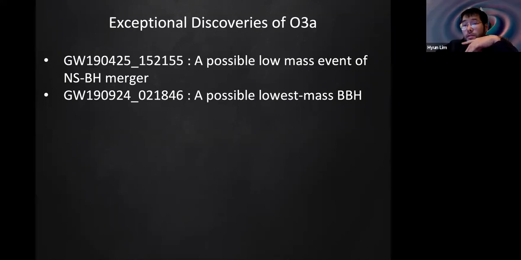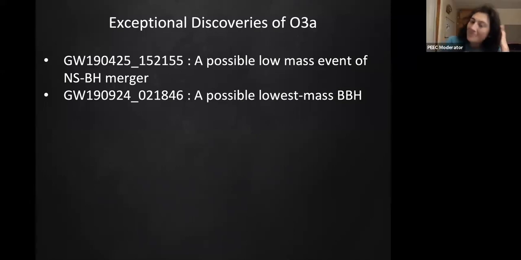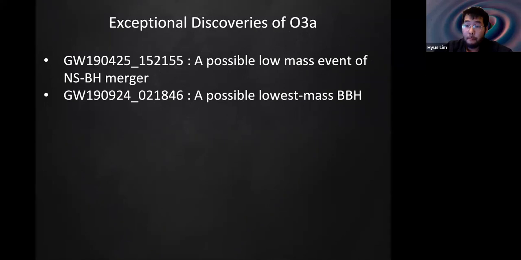Well, so if I get your question correctly, you mean that once two black holes merge, the final mass of the black hole plus the radiated energy should be the same?